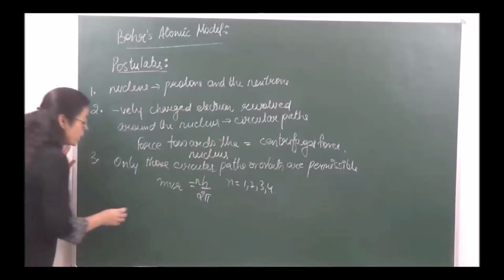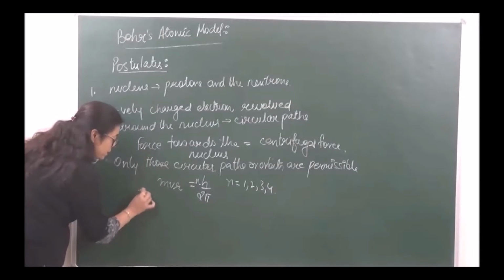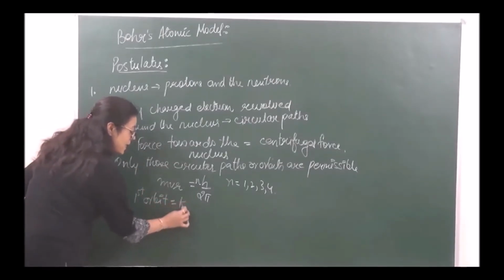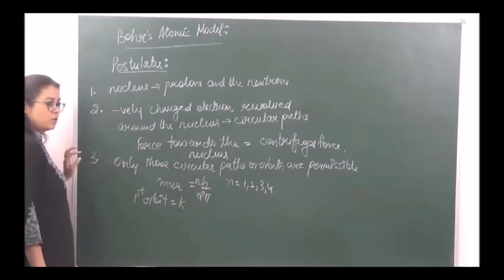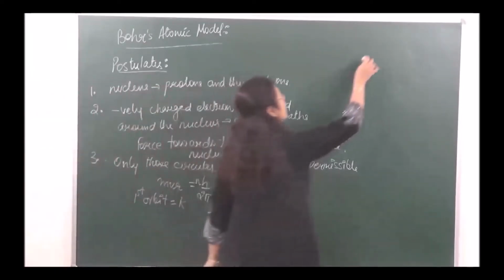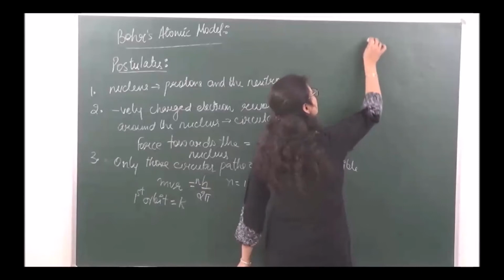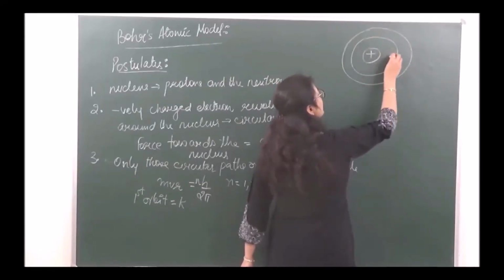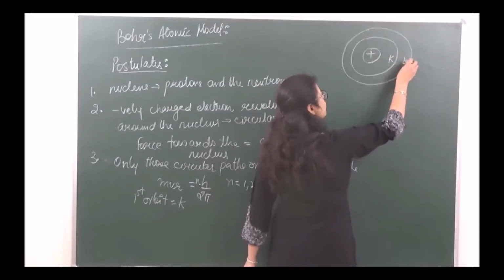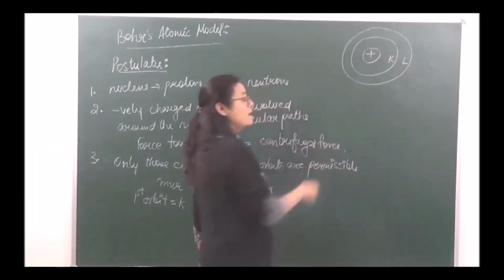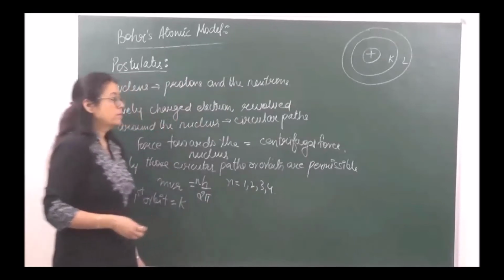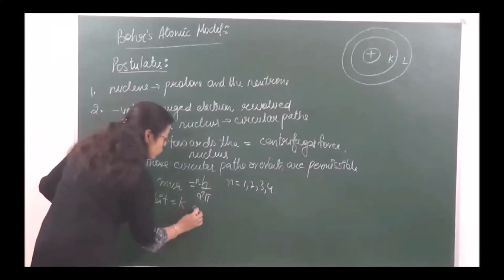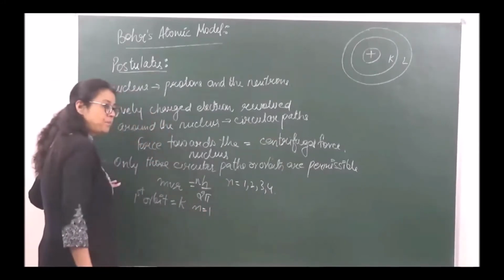If we are talking of the first orbit, which is known as the K shell, then according to Bohr, if this is the nucleus, these are the circular orbits: shell K, shell L, M, N and so on. When the shell is K, the value of n is equal to 1.